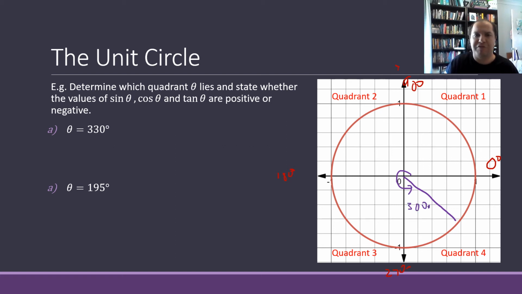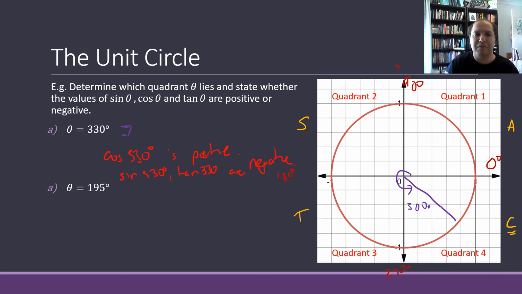So for 330 degrees, that's in the fourth quadrant. So we've got all stations to central. So in this quadrant, only cos 330 degrees is positive, and all the other values, sine 330 and tan 330, are negative.